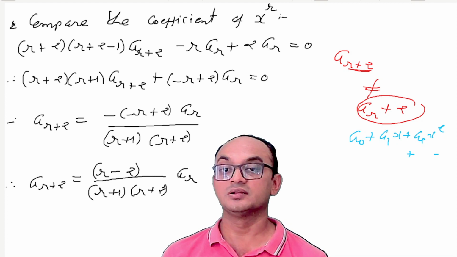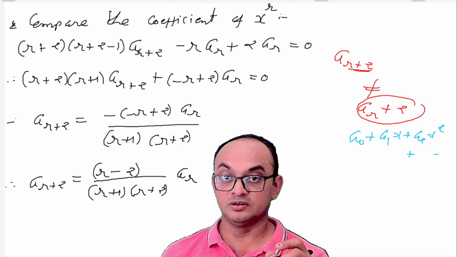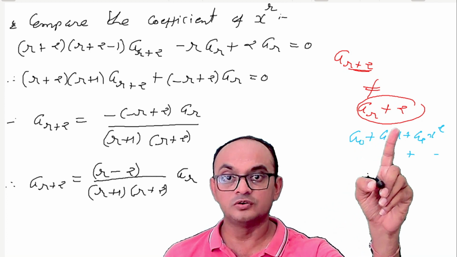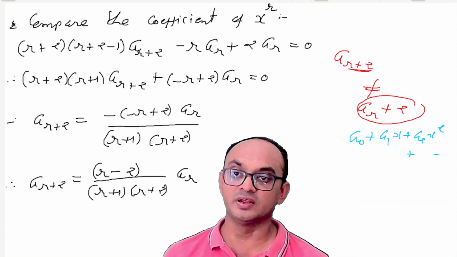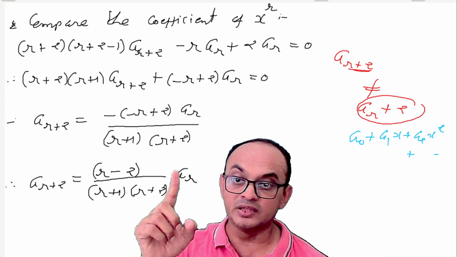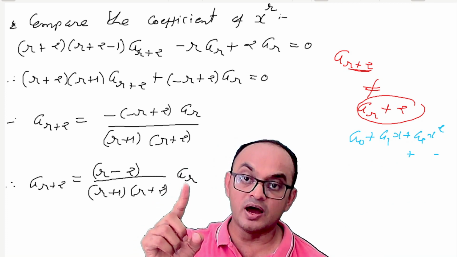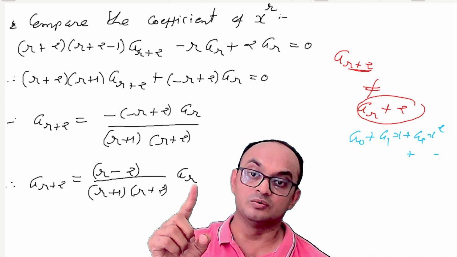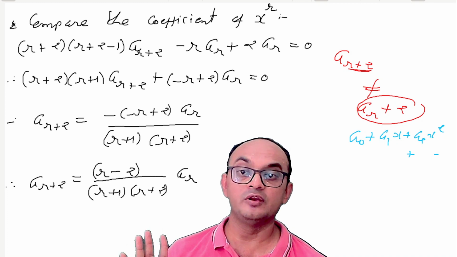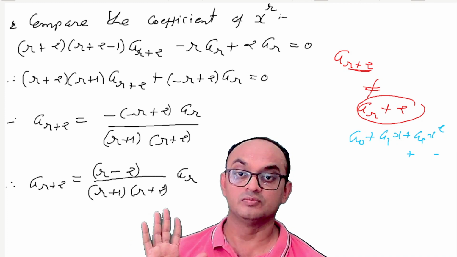This is the solution, right? So look at the suffix. Suffixes are 0, 1, 2, 3 up to infinity, right? And here I have given ar. That means the minimum value of r would be 0. That is helpful, right?